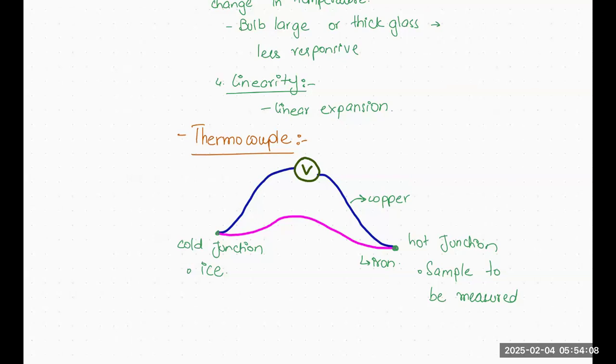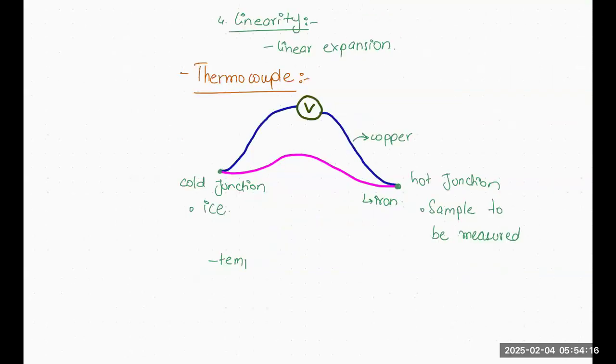So the temperature difference produces a difference in the voltage, and that gets recorded in the voltmeter. The greater the temperature difference is going to be, the higher your voltage is going to be.